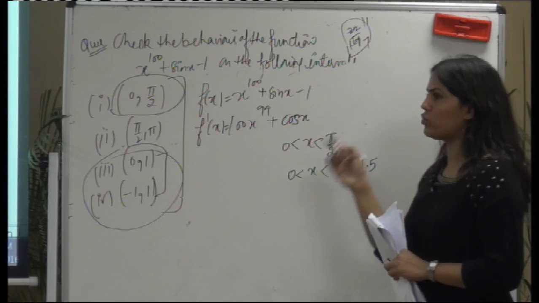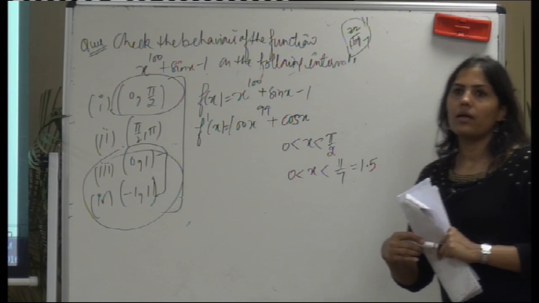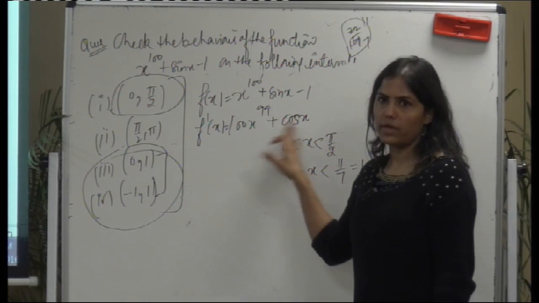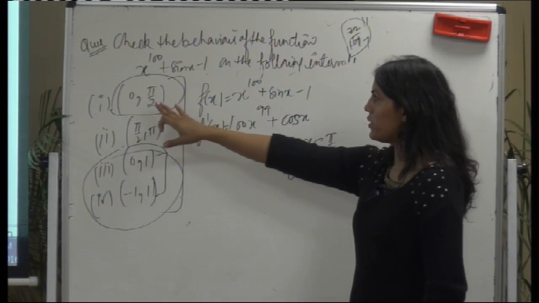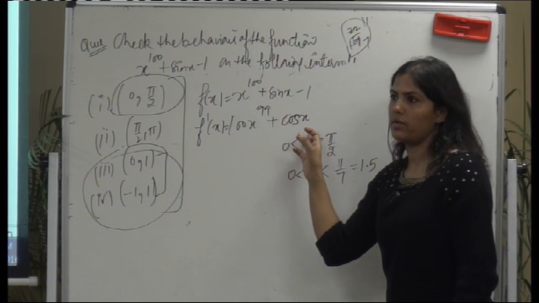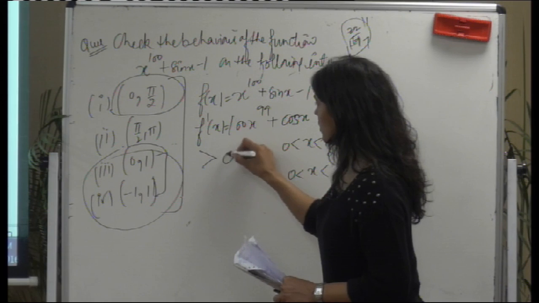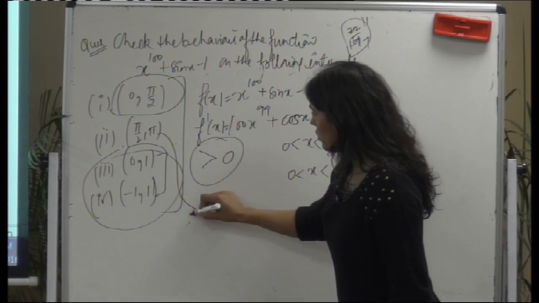So when you square it, it will be more than 1, so it will be positive. Cos x in the interval 0 to pi by 2, positive or negative? Positive. Okay, positive. What about this interval now?